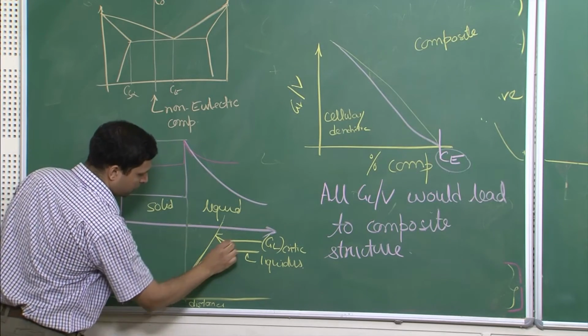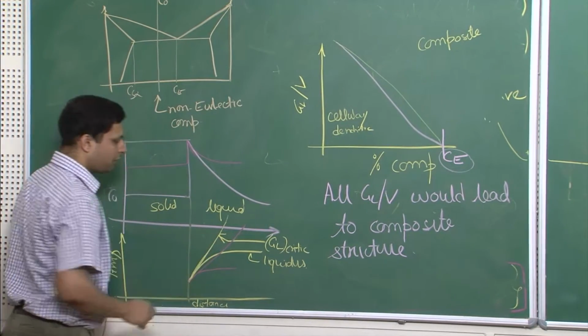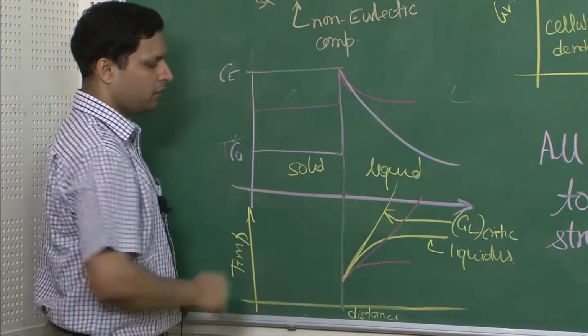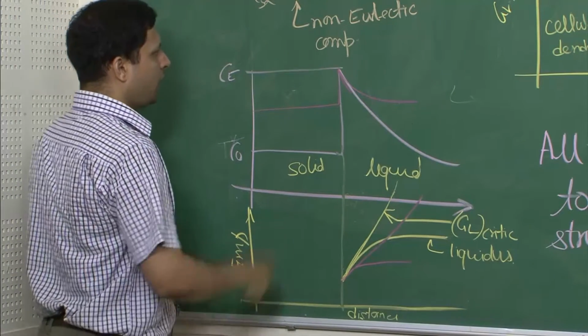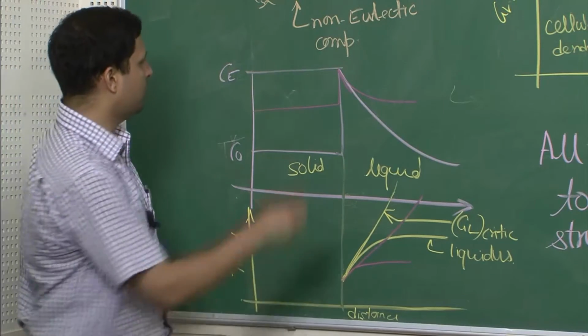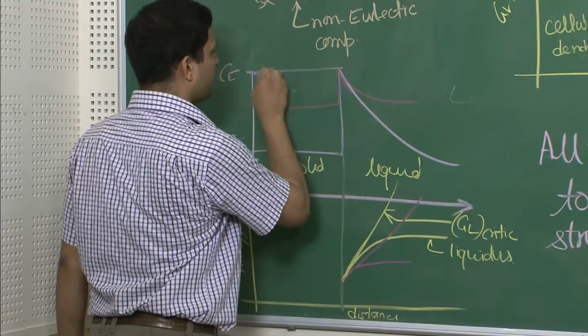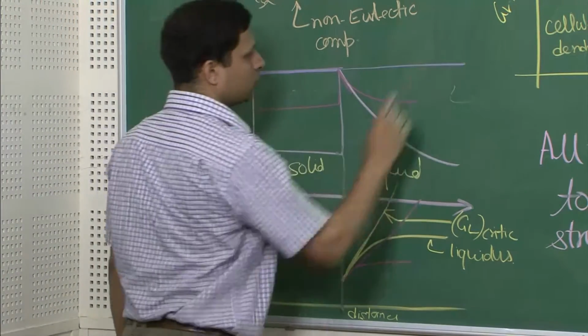So a much smaller critical value is allowed. Anything above this critical value would lead to composite microstructure, and beyond a certain point, let us say C becomes C naught. So this is like this.